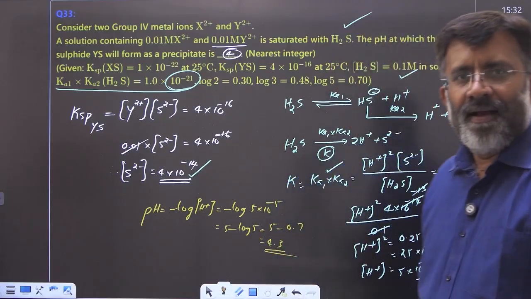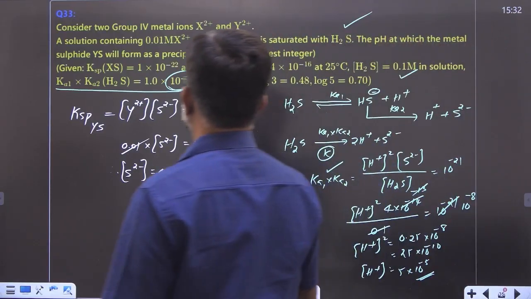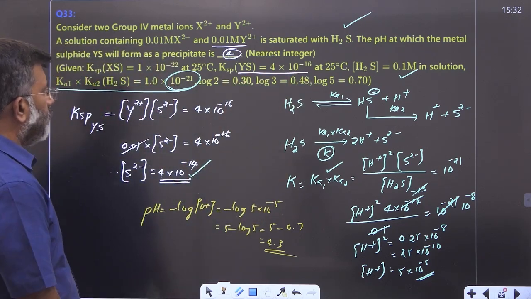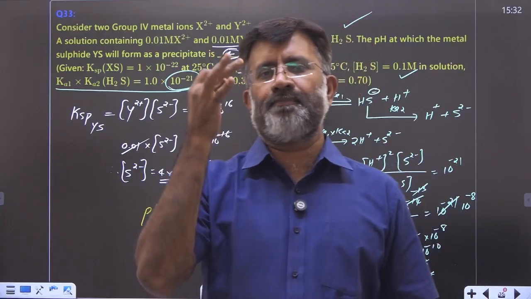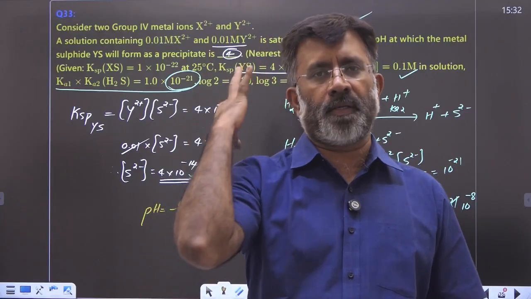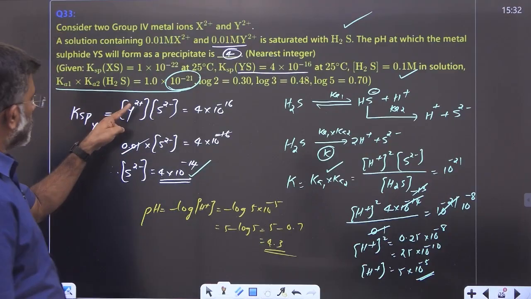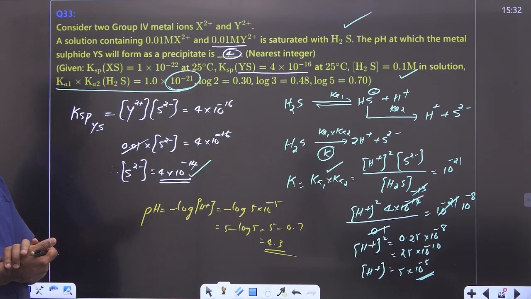Right? I'll repeat. From this data, we want to know at what pH YS precipitation will take place. So I'm taking the YS KSP, from which I'm finding the sulfide ion concentration.